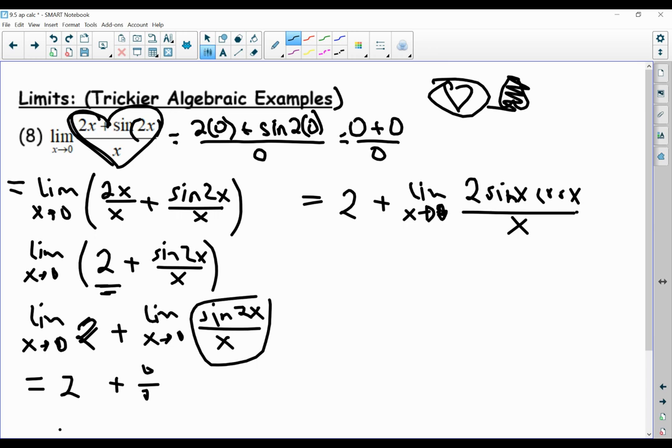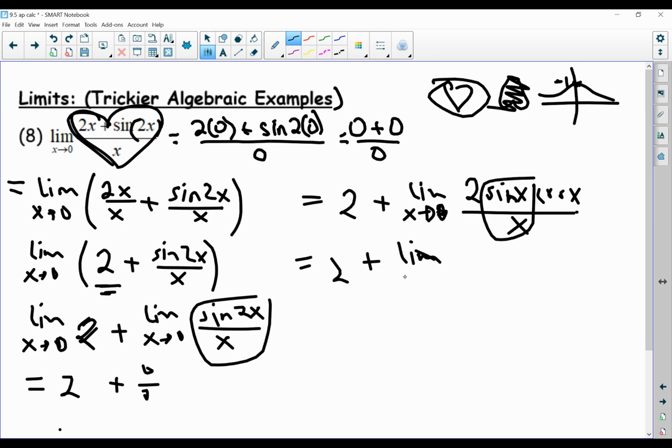Last class, during our virtual class, we looked at a function sine of x over x. So just to recap what we did in class, we looked at sine of x over x, which looks like this, and the limit of this is 1. So now what I can see here is that I have this sine of x over x combination of factors within this limit.